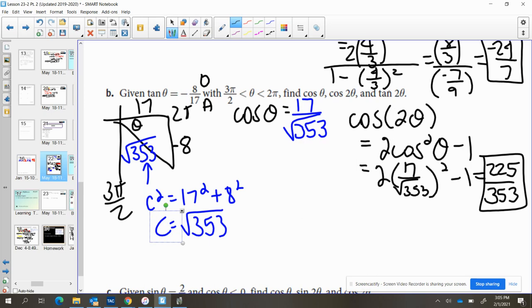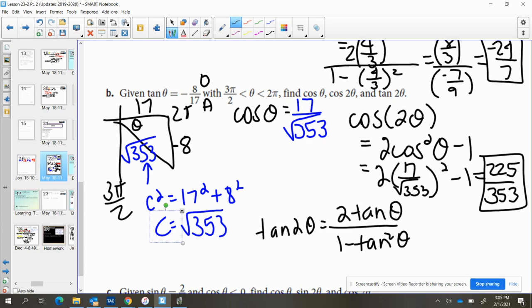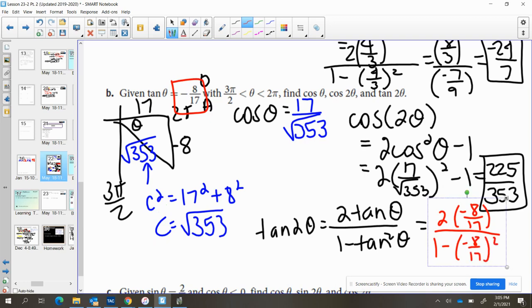Finally, we have tangent of 2 theta to look for. And a reminder with tangent of 2 theta, that is 2 tan theta over 1 minus tangent squared theta. And they gave us the tangent, so that makes our lives a lot easier, right? We're just going to plug in negative 8 over 17. And again, very carefully type this into our calculator.